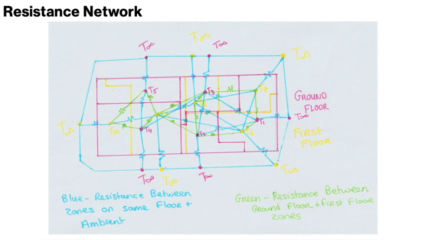So now with all that information, we can make our resistance network. There is a resistor for every zone which is in contact with each other, and then there is a resistor for every zone to the ambient temperature. And what I did to make it a bit clearer was I color coordinated the two floors. So on the ground floor, all my nodes are in pink, and then on the first floor, all my nodes are in yellow.